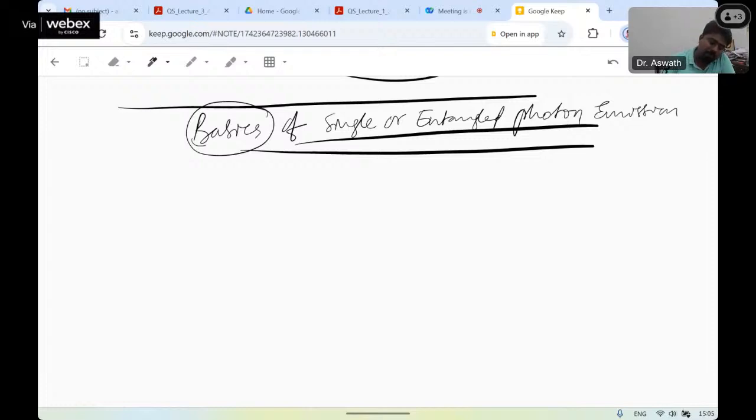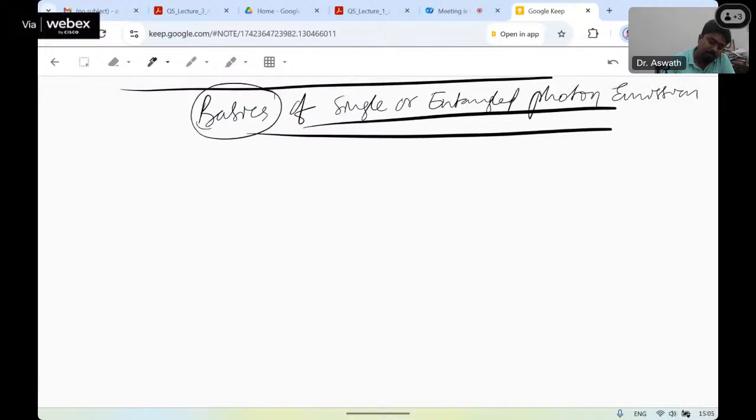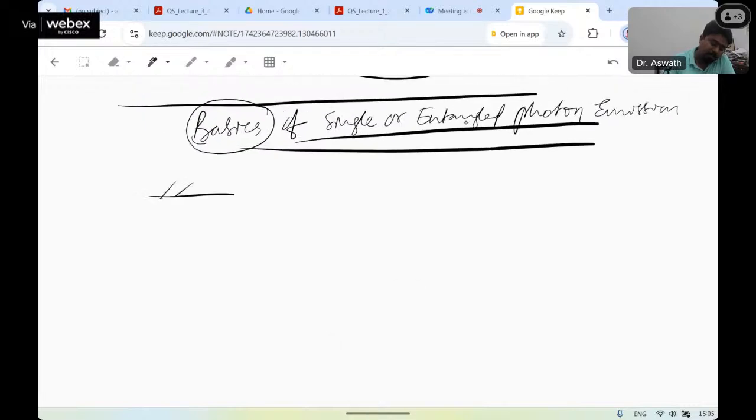So what I'm going to introduce is a very simple pendulum. I have a pendulum which is tied and just makes oscillations.